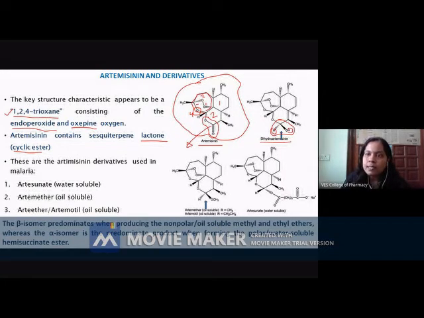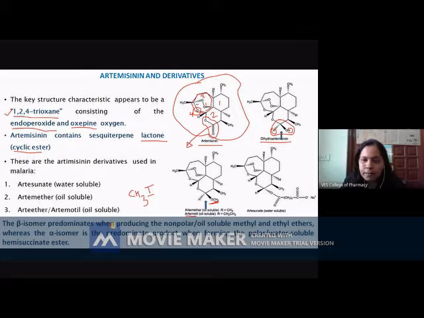Now once this dihydroartemisinin is formed, I can react it with methyl iodide or ethyl iodide and form the corresponding ethers, as in the case of artemether and arteether, that is artemotil. So the hydroxyl group which is formed in dihydroartemisinin, I can react with CH3I, that is methyl iodide, and convert it to the ether.